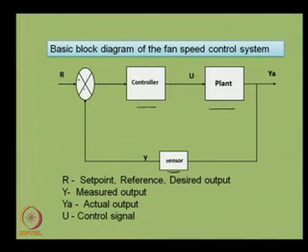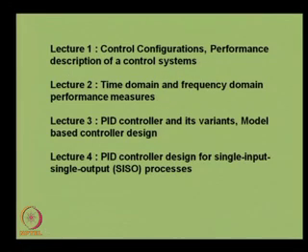Now, coming back to the basics of what makes it advanced control, what should be the contents of an advanced control theory course? Lecture 1 will deal with control configurations first, and then the performance description of control systems. What do we mean by control configurations?